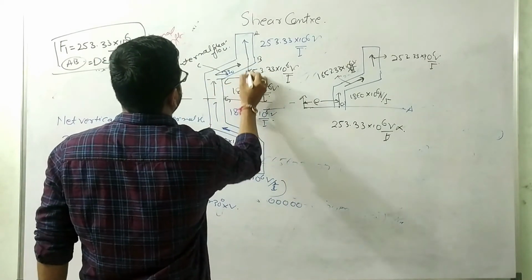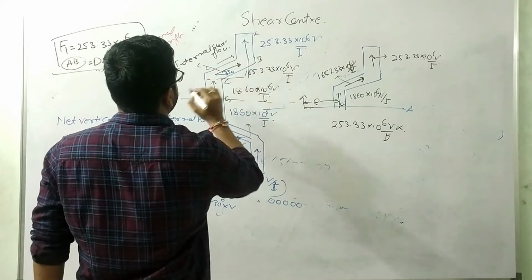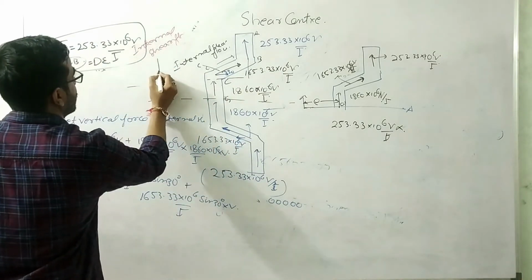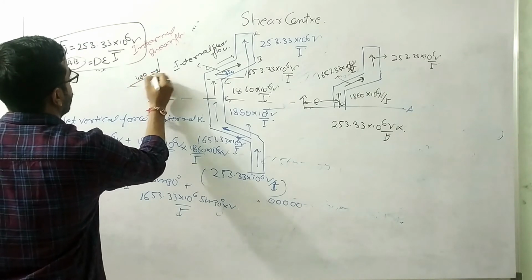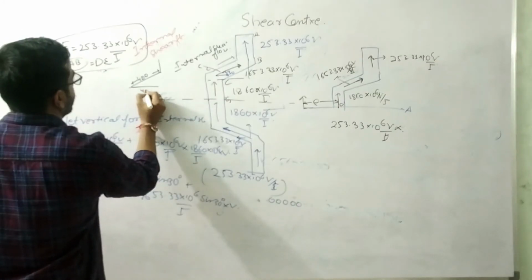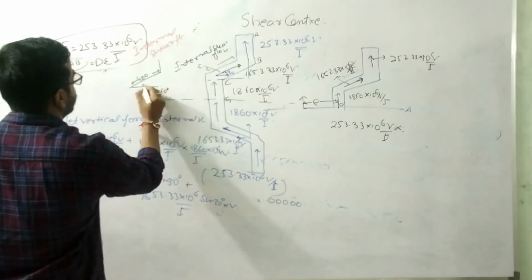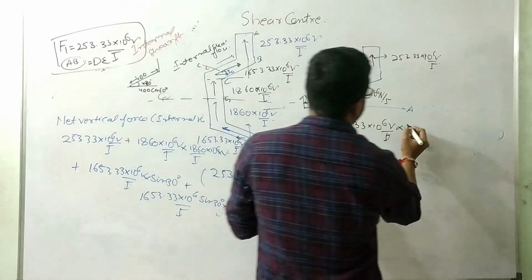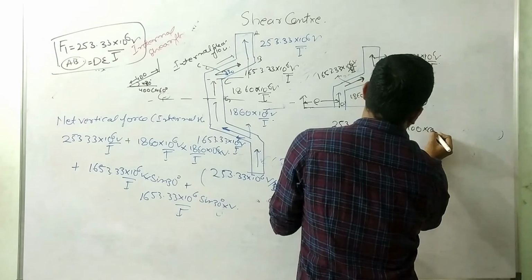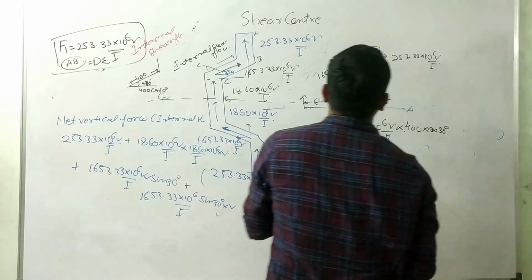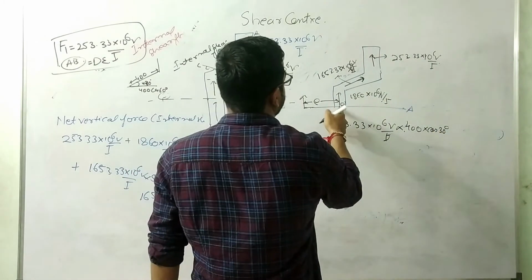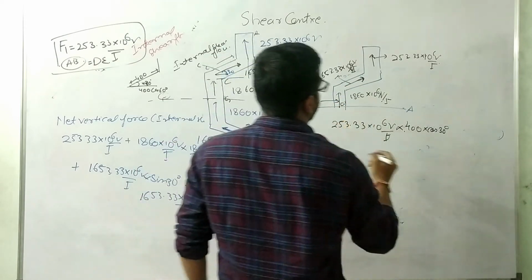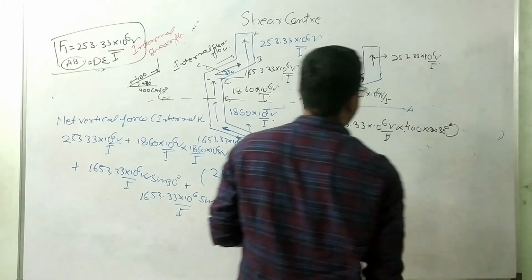This distance is 400, so it will be 400 into cos 30. This is a 30 degree angle, so it is 400 cos 30 degree. The direction of the moment about this point is anti-clockwise.